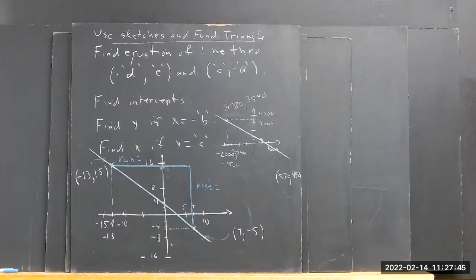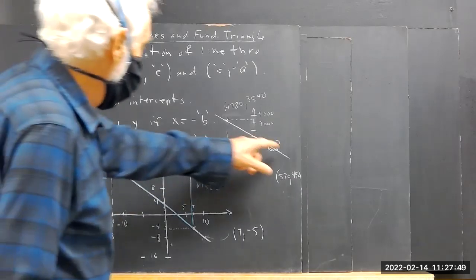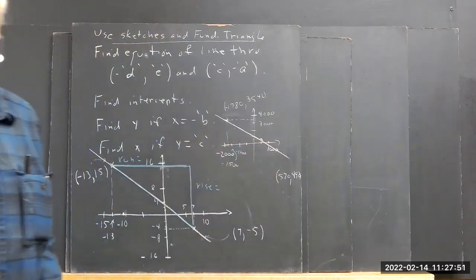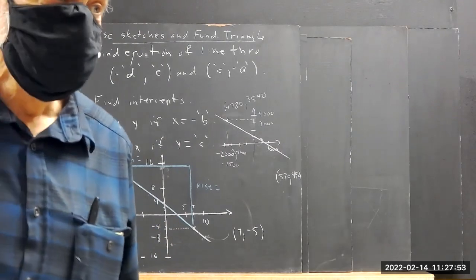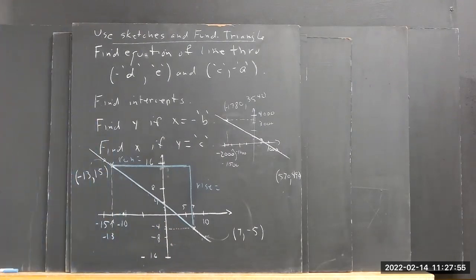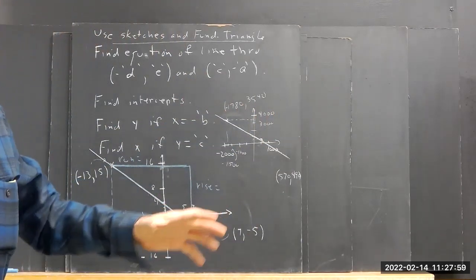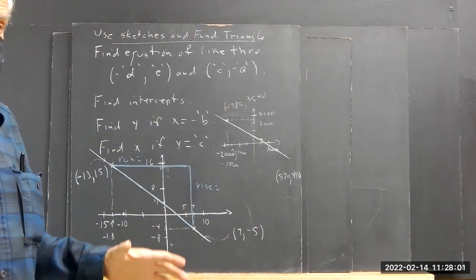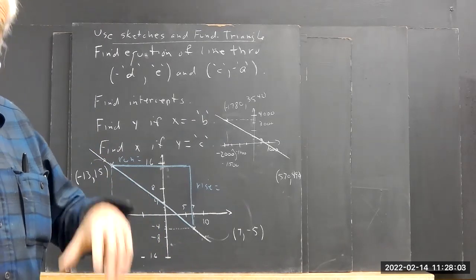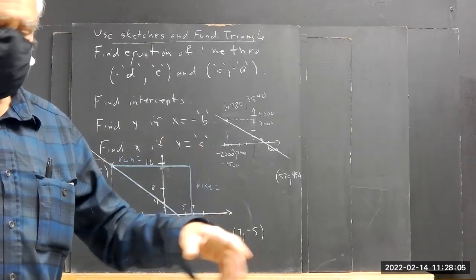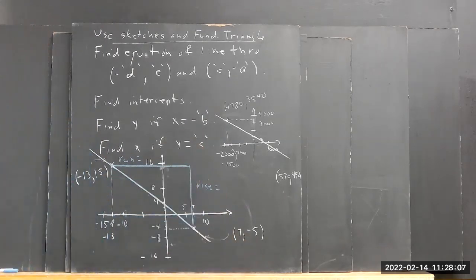Well, there's the picture. It might be a little hard to read what I did over here because I was assuming the camera was focused. I had it originally focused. But you understand the principle. Slap down a graph. It doesn't have to be extraordinarily accurate, but make it as accurate as you can and do it quickly.